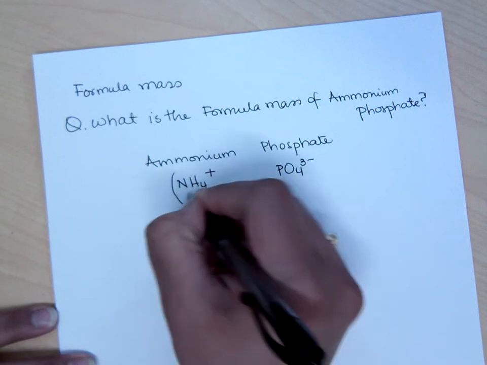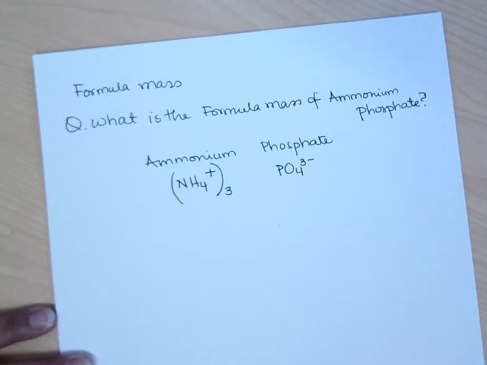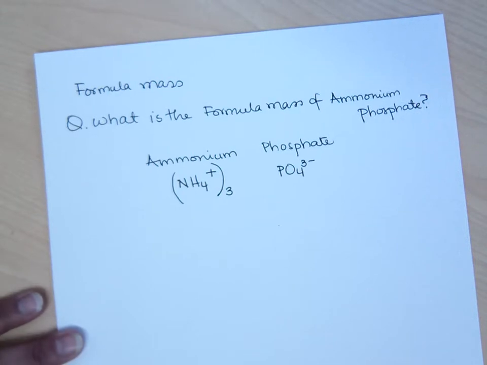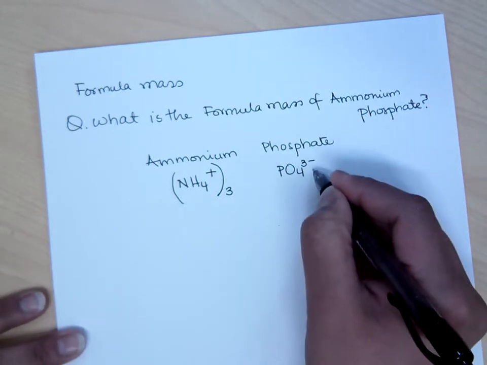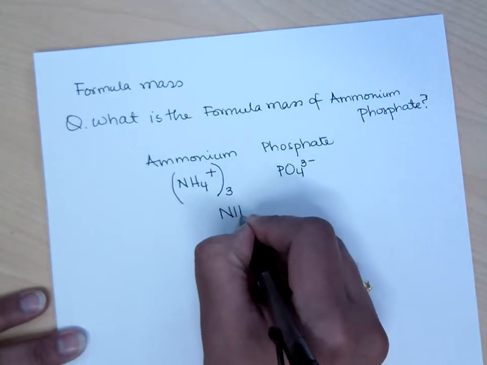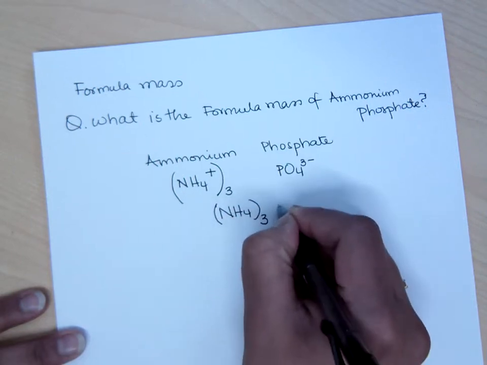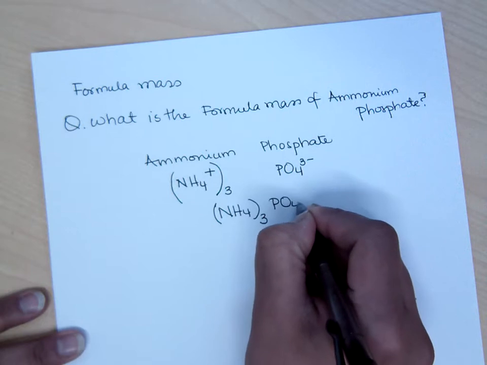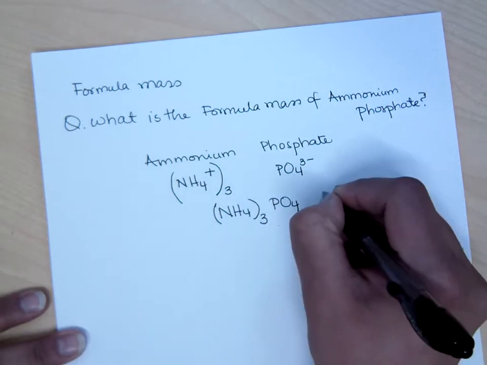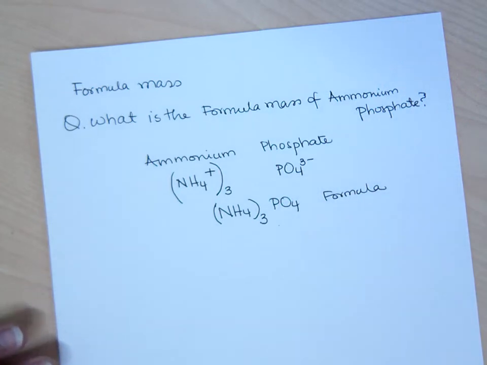Therefore, we must take ammonium 3 times, or you could say we need 3 ammonium ions to balance with 1 phosphate ion. After this, you could write the formula as NH4, the whole thing taken 3 times, and then the phosphate. This is the formula for ammonium phosphate.